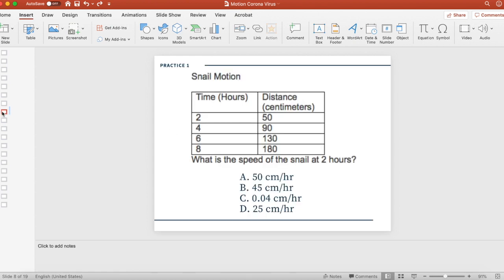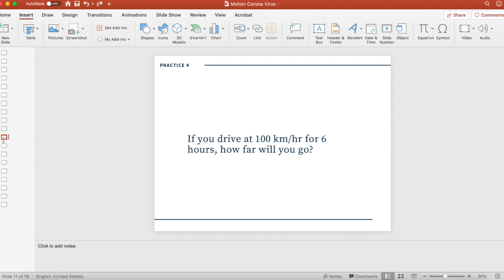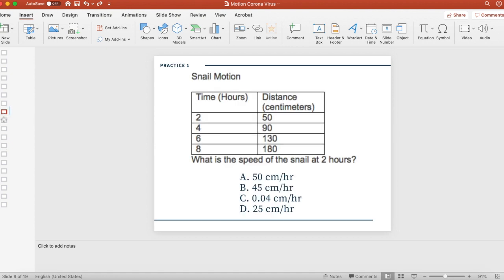So right here, I have the first practice problem, and then the second one, the third one, the fourth one, and the fifth one. I'm not going to read them to you. You can pause this and take your time to go through them, but we are going to review them in our Zoom meeting next week.